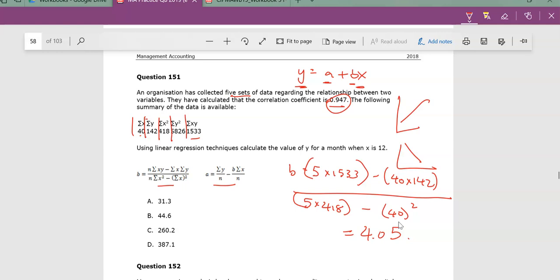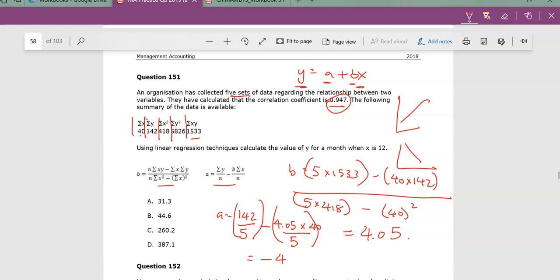Then it tells us that to get a, a is equal to Σy over n, which is 142 over 5, minus b, which is 4.05 times Σx, and that's Σx, which is 40, divided by 5. So do this first, then do this, and you should have a come out at -4.